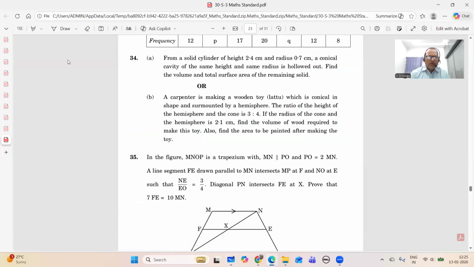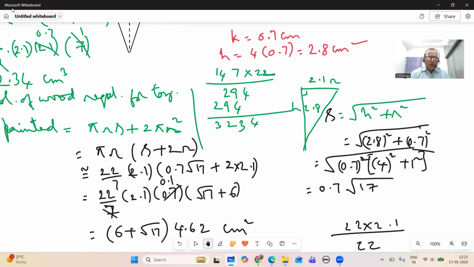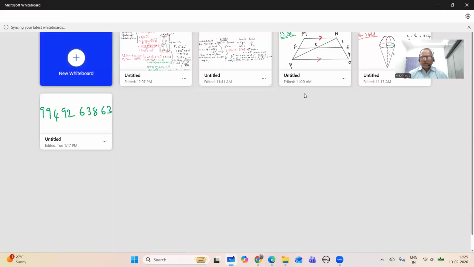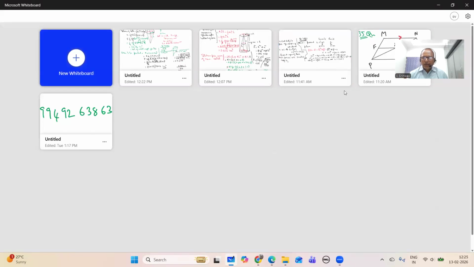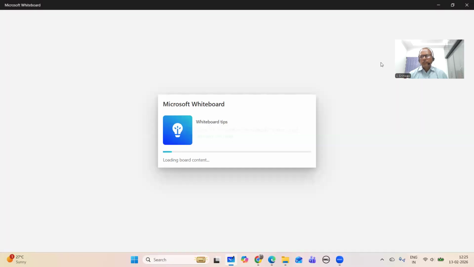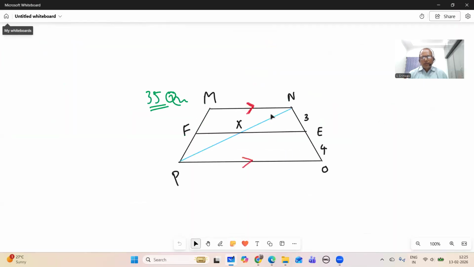With this, I want to stop. In my next class, I'll take up this question where we are given a trapezium and a diagonal and a line segment parallel to the parallel sides.